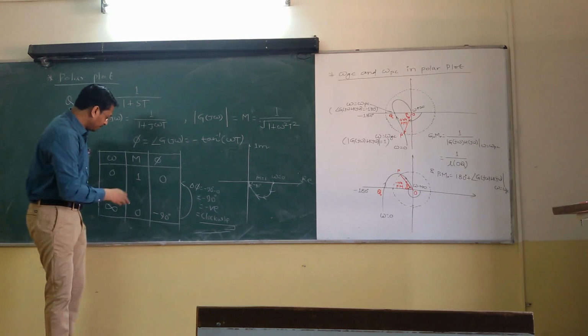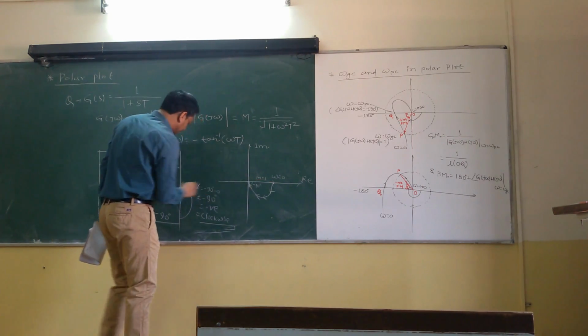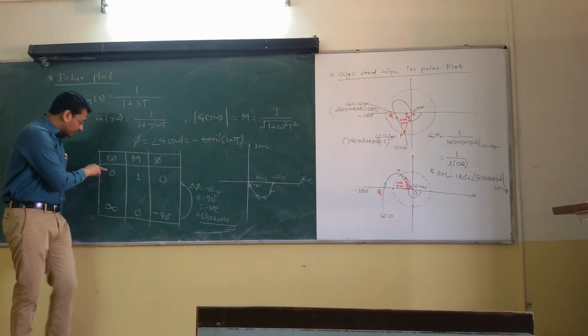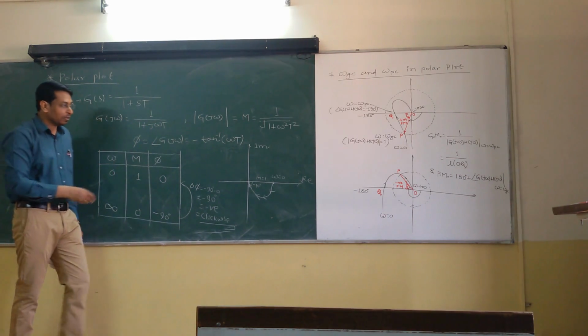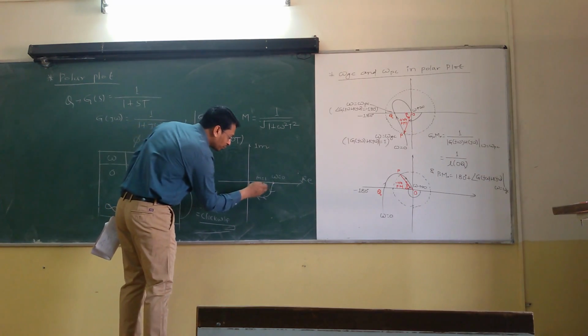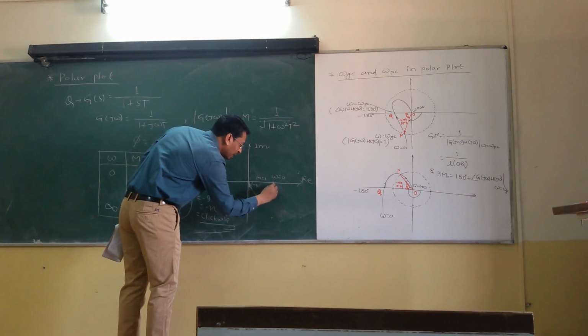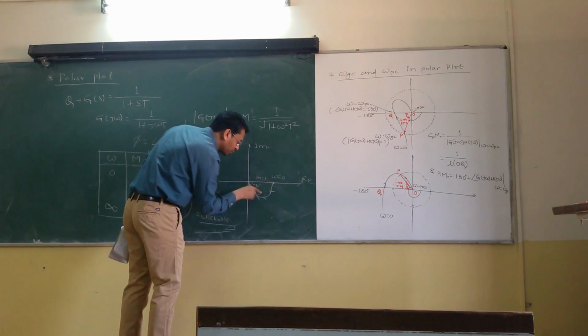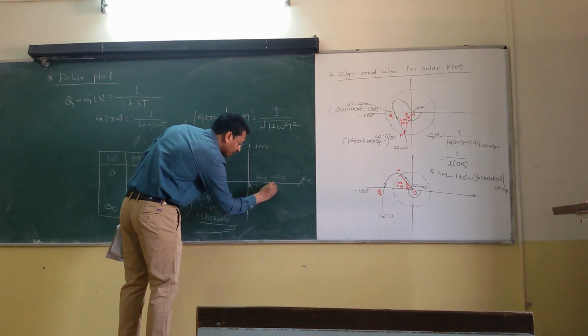Now note once again these 2 points: omega is equal to 0, magnitude is 1, and angle is 0. So just suppose the second point is at omega 0.1. The magnitude will be almost equal to 1, but the angle will change smoothly, because it is going to move in clockwise direction, so it will be somewhere like this.